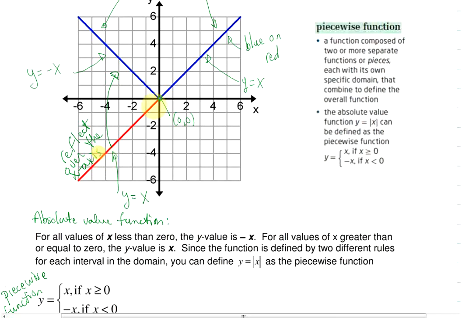Okay, and if we use our vertex as our center point, and then the part that gets reflected over the x-axis is where x is less than 0. Remember, everything to the left of 0 means that x is a negative number, so less than 0.